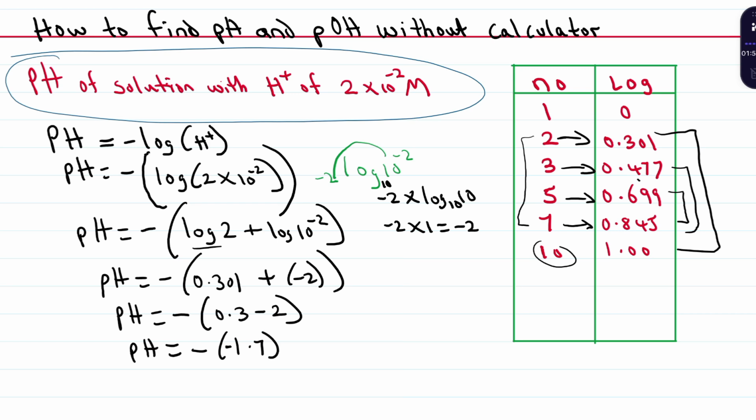If you understand, when we have our minus 1.7, that means our final pH will be equals to minus times minus will give us plus 1.7. Do you understand? So our final pH is going to be 1.7. So that's the answer for this question.